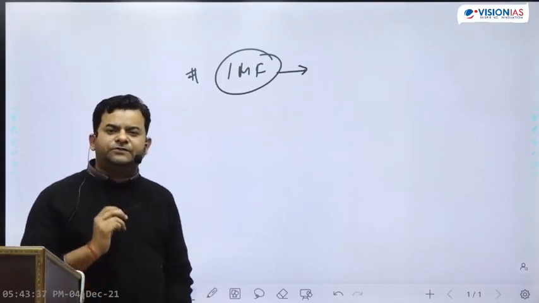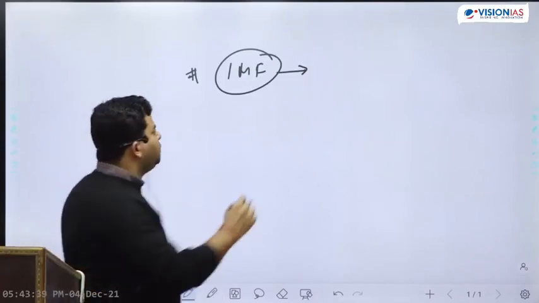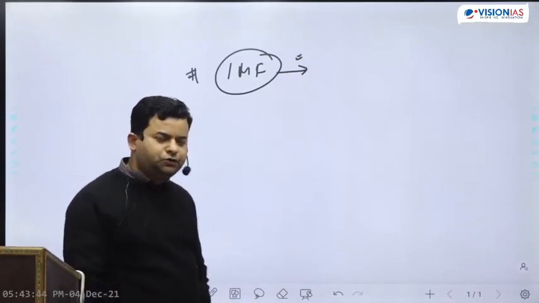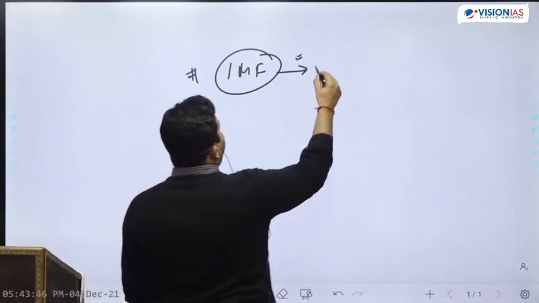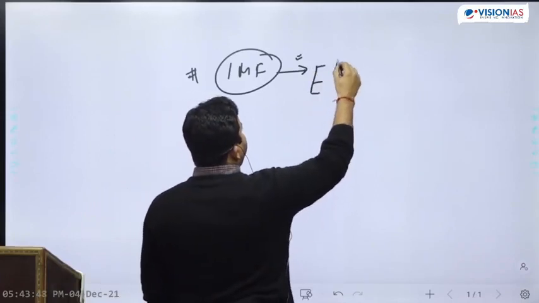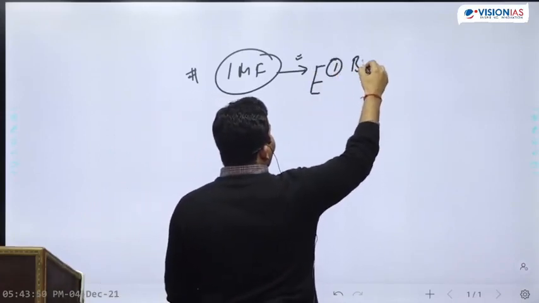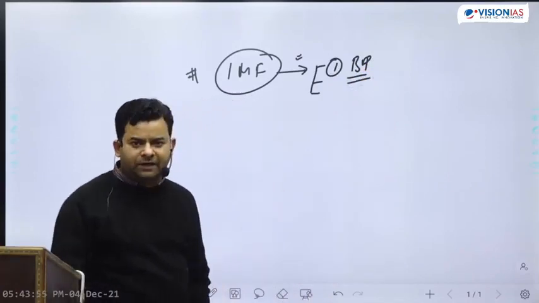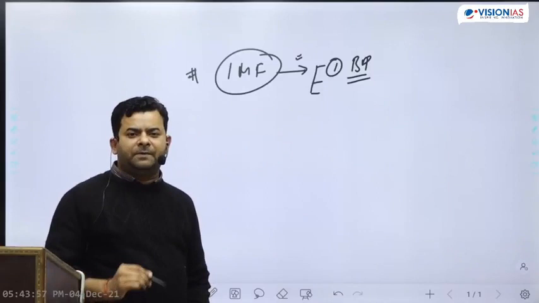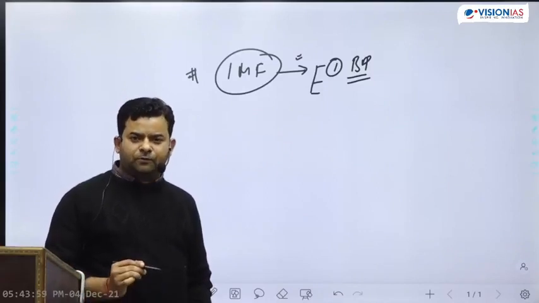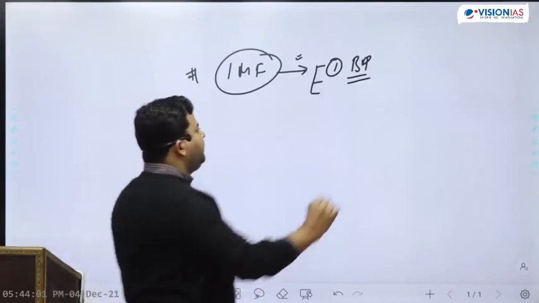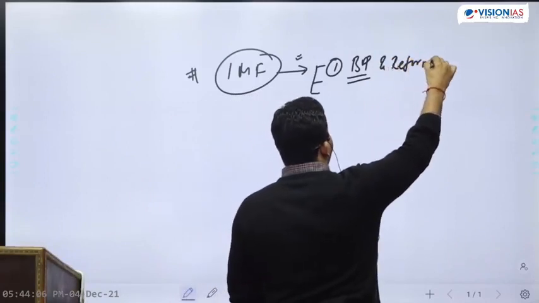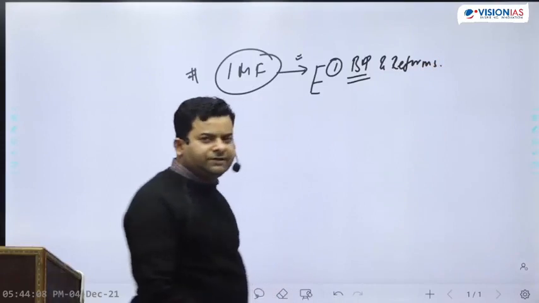The major objective of IMF is to ensure that, first, the balance of payment fact sheet or data sheet of the countries is properly maintained. And if any reform is needed, they might suggest that also. They are the ones who suggest reforms.